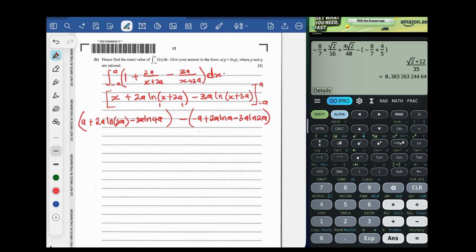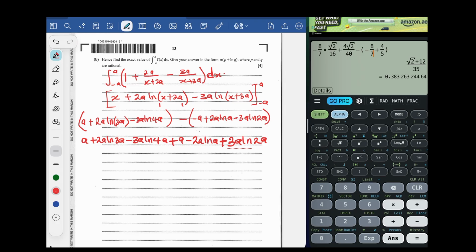Okay, so we should just expand the bracket. So a plus 2a ln 3a minus 3a ln 4a plus a minus 2a ln a plus 3a ln 2a. So we just collect like terms now and see what we can get.